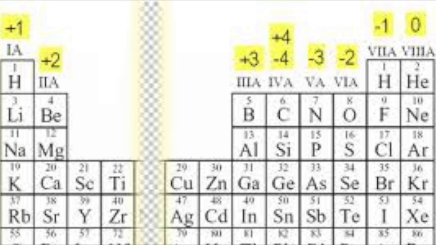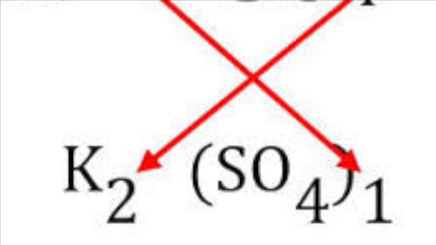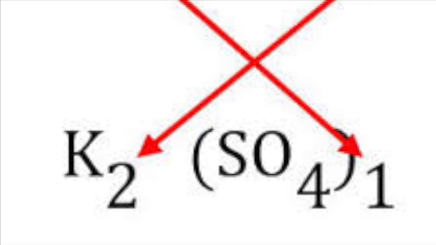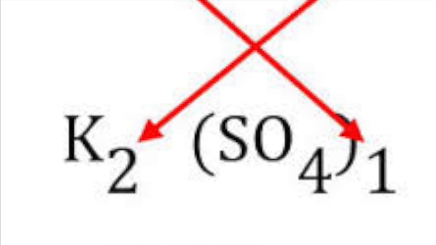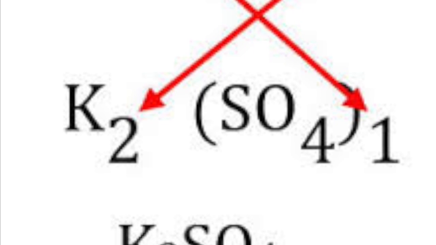Sulfate has a -2 charge, so you're going to need a +2 charge to cancel it out. So you're going to have 2 of potassium, and that will help you cancel it out. There are a lot larger examples, but you can find the amount of charge and make sure that they all cancel out each other, so there is no charge, because they will not be happy if there's charge.